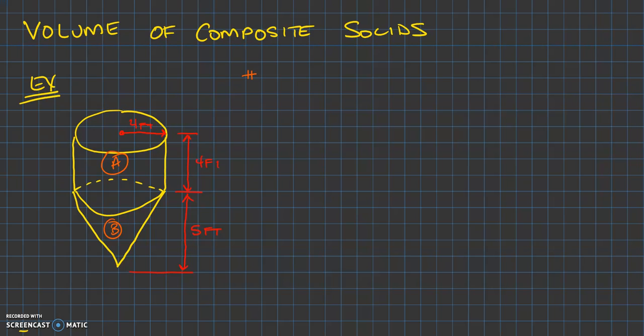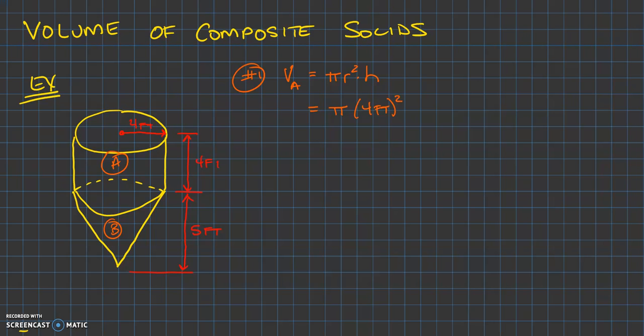So really our first step then is to say, okay, I want the volume of A. Well, what is A? It is a cylinder. Next question, what is the formula for the volume of a cylinder? It is the area of the base times the height. So it's pi r squared h. In this case, we have pi. We know the radius is 4 feet.